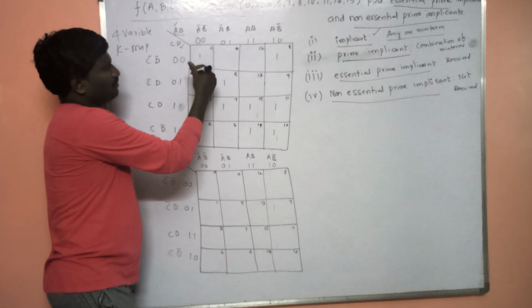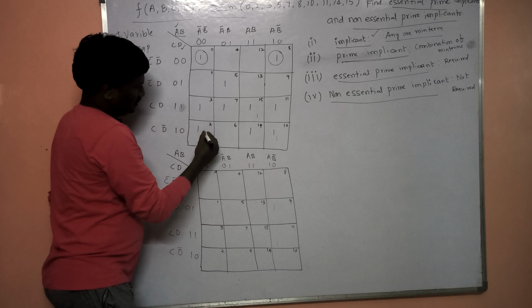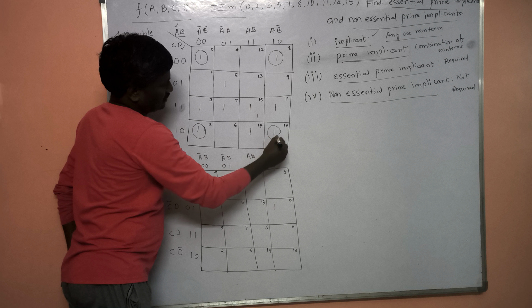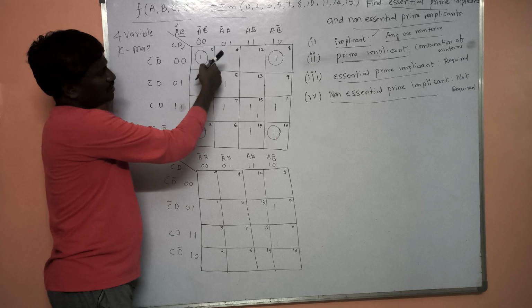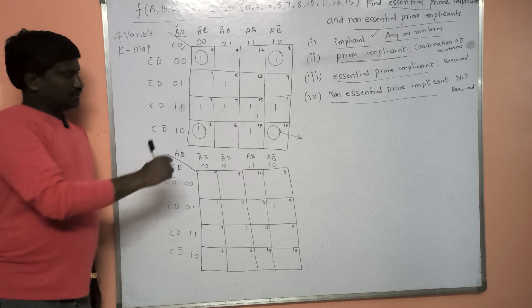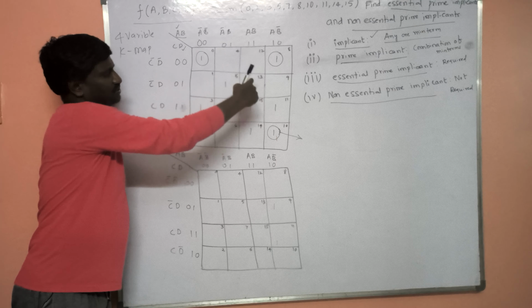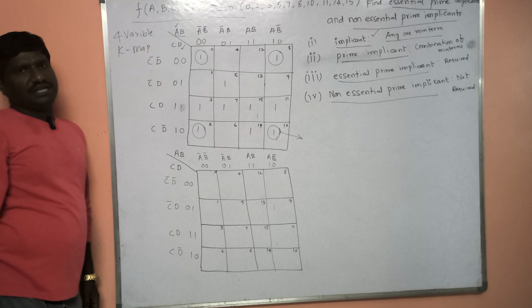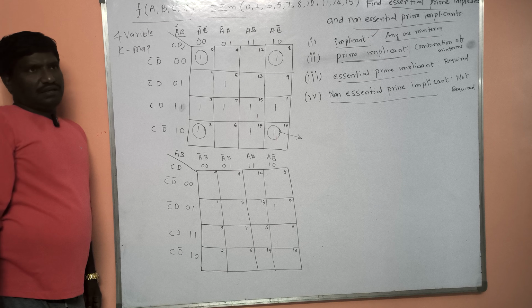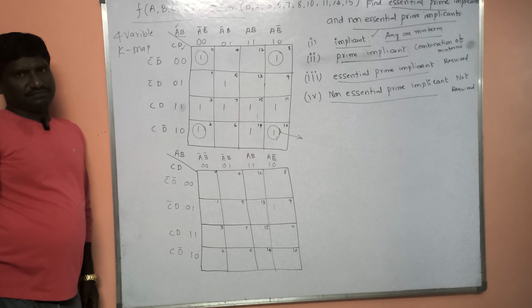The maximum possible combination is this one, this one, this one and this one. So this is a prime implicant, the maximum possible number of ones constituting a group. Whether it is essential or non-essential, we will look into it afterwards.